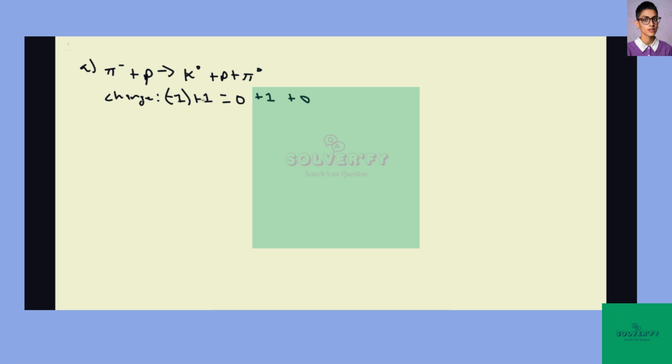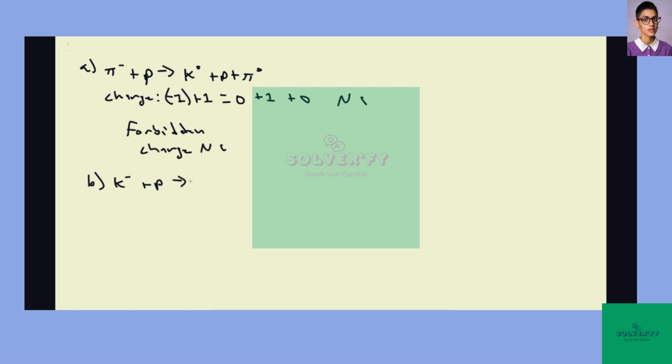So -1 + 1 is 0, does not equal 1, so this is not conserved. So this is forbidden, and it's forbidden because charge is not conserved.